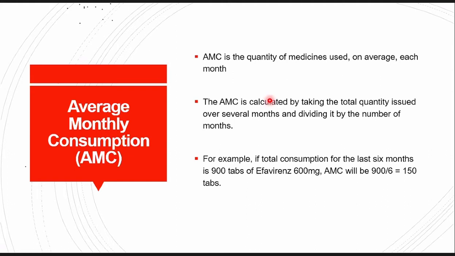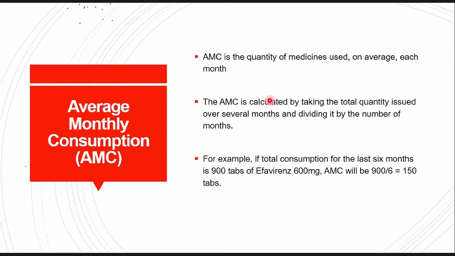So you expect that with computer systems, the average monthly consumption is calculated automatically. But we do not have computer systems that calculate average monthly consumption in our public hospitals at the moment. Yes, computers are there, but mainly it is semi-automated. There's some point in which you have to do this manually.